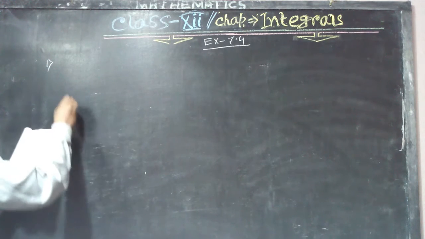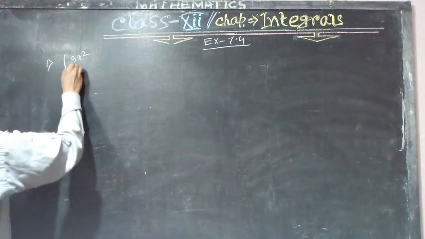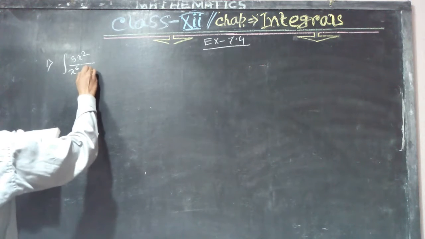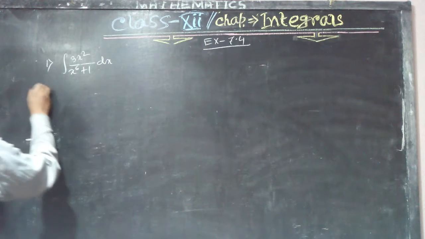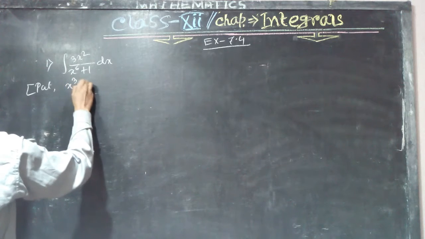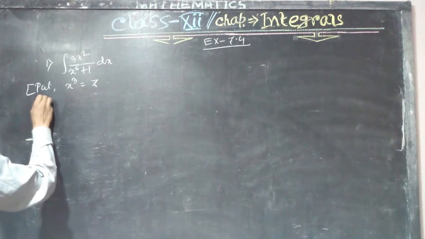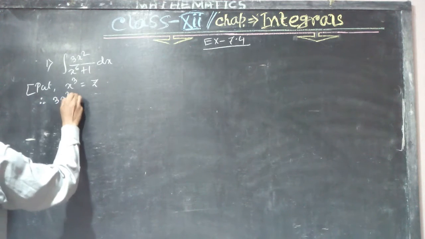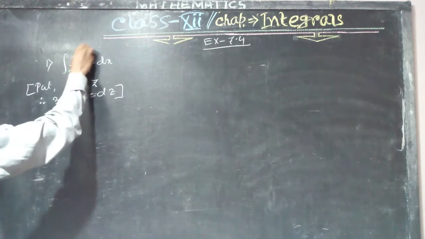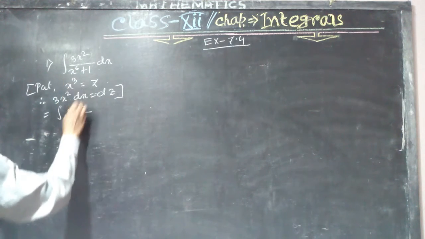First one, integration 3x square by x to the power 6 plus 1 dx. At first we put x cube equal to z, therefore 3x square dx equal to dz. So in place of 3x square dx we put dz, by x to the power 6 means x cube whole square.